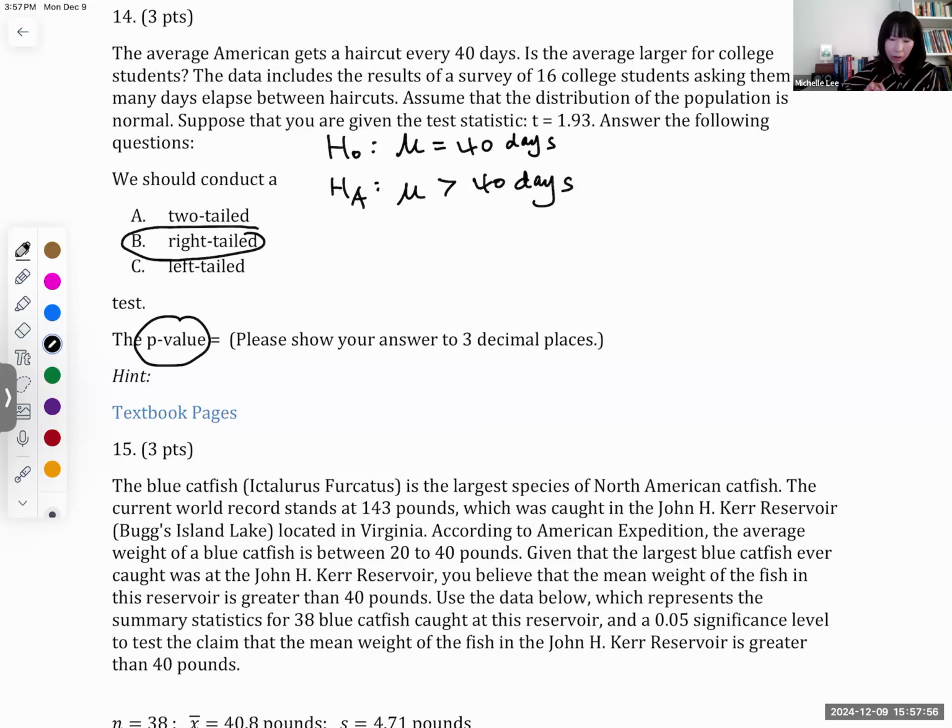T-distribution. So we have a survey of 16 college students. That will be N. So let's do this one, the p-value. Let me take a picture. All right, so we're going to StatCrunch.